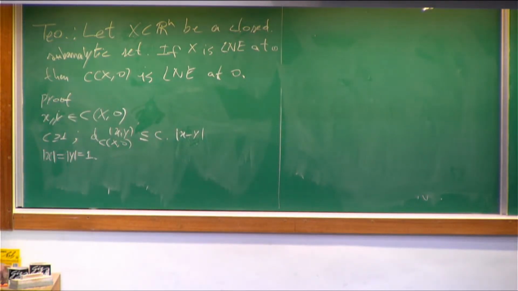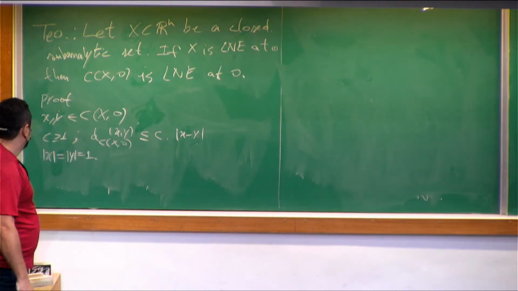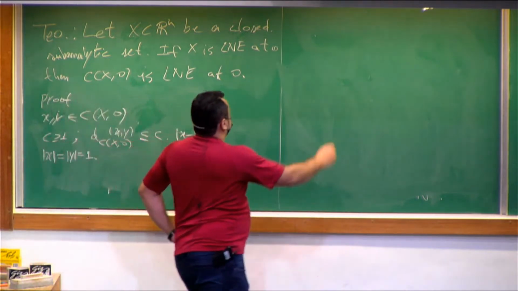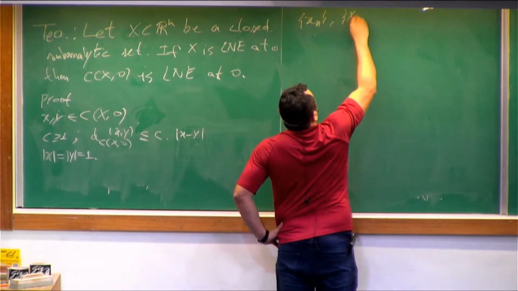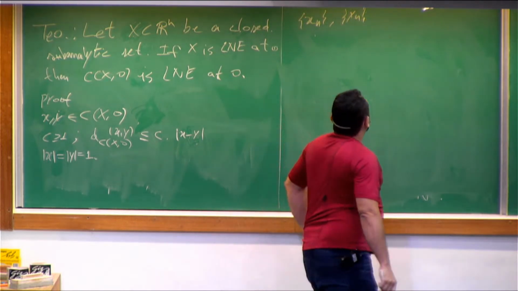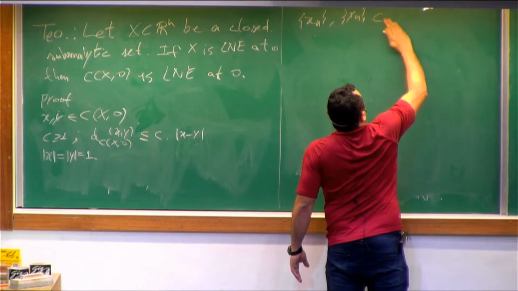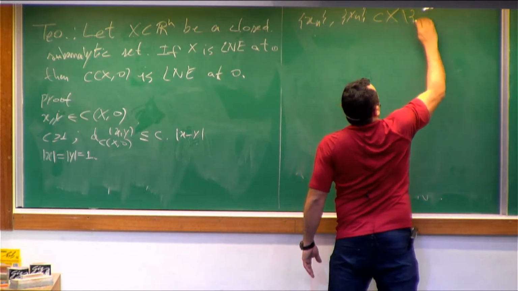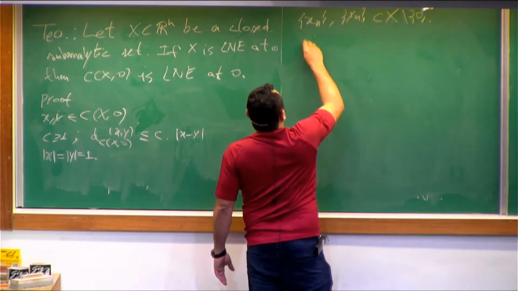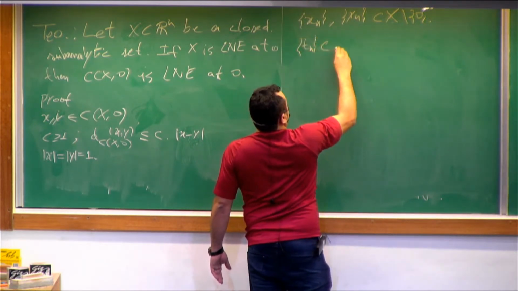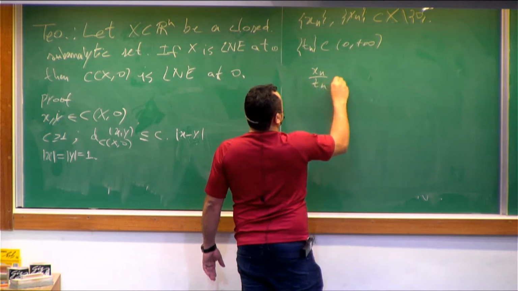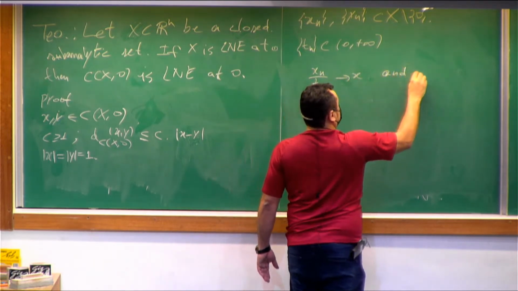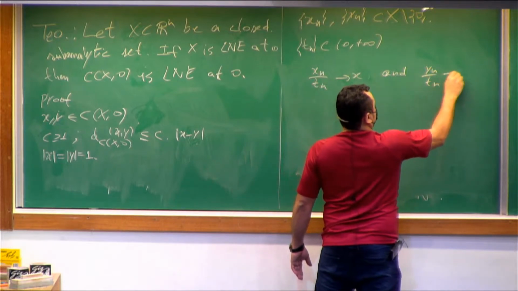Since x and y are in the tangent cone, there are sequences x_n and y_n in X minus 0, and a sequence t_n in (0, +infinity), such that x_n over t_n goes to x, and y_n over t_n goes to y.